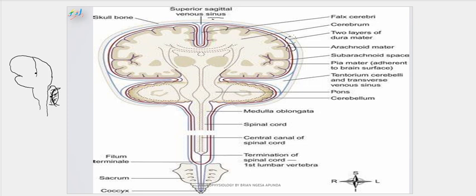This is our skull, up to the outlet foramen area, which we refer to as the foramen magnum.